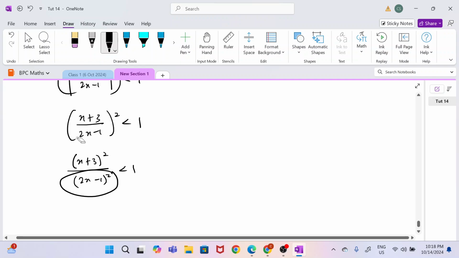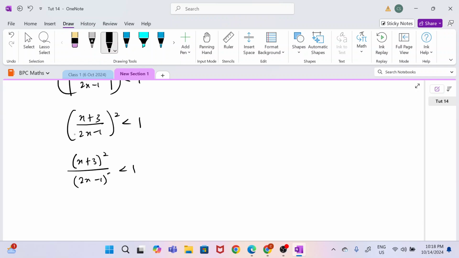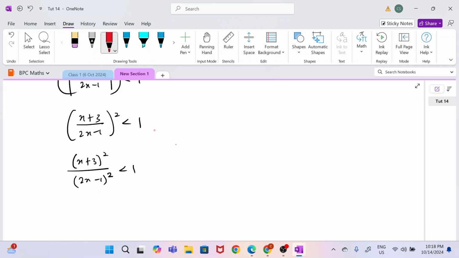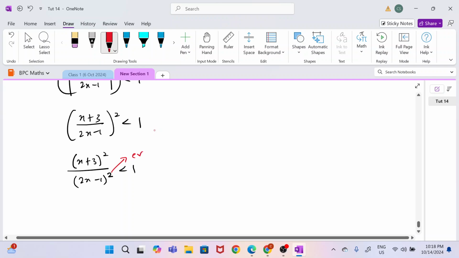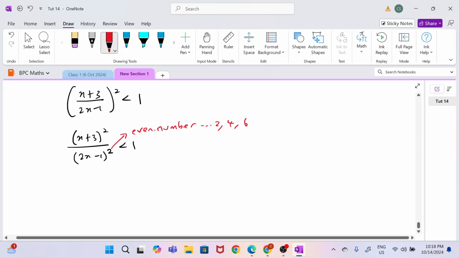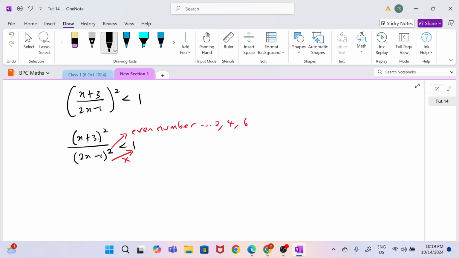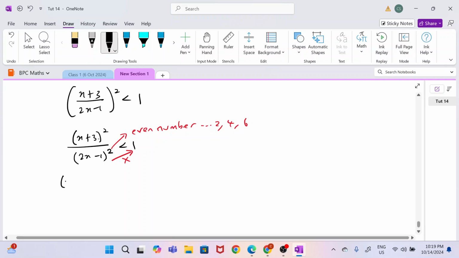Whenever the denominator is squared, the power is an even number, 2, 4, 6, whenever the power is an even number, you can cross multiply. Okay, there's a power, an even number, you can cross multiply.